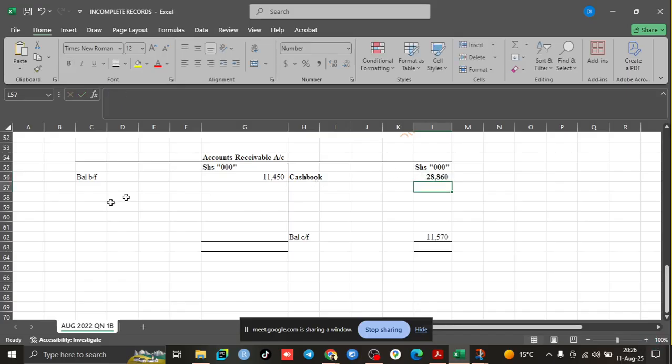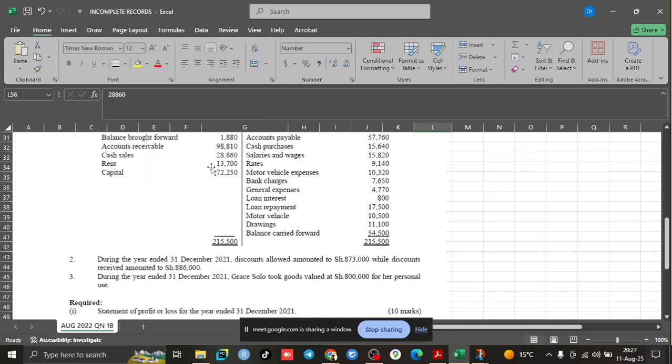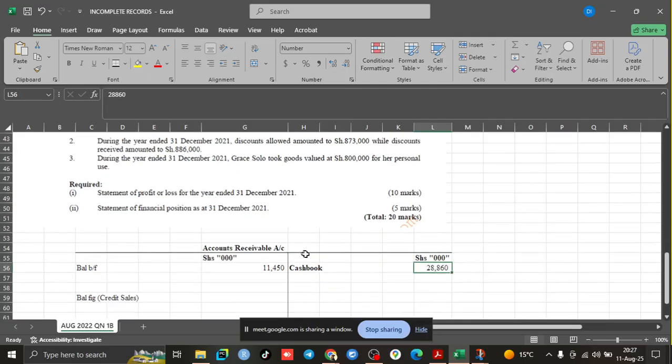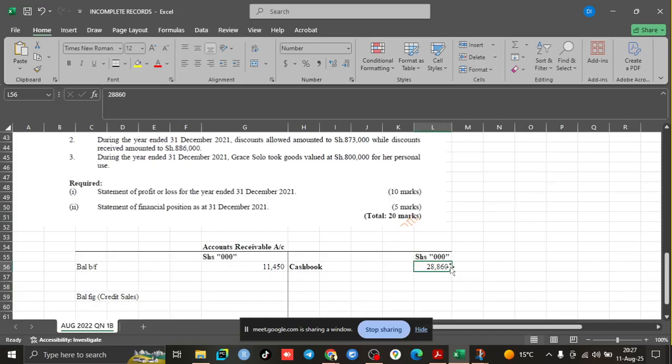Balancing figure sasa ndio itakuwa our credit sales, because kama uko na zile sales you sold, you got cash, the balancing figure lazima tu translate to whatever is, oh no, nimemeka a huge error.